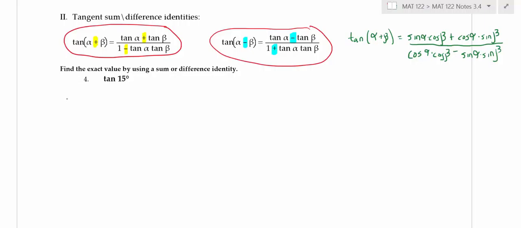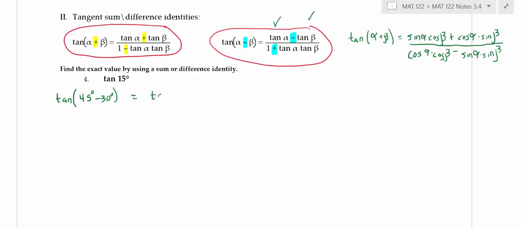All right, so number 4, what I'm going to do is start by writing the tangent of 15. Let's write this as 45 degrees minus 30 degrees. There's other ways to do that, obviously, but let's start that way. So when we're doing the tangent difference identity, it says to do the tangent of the first minus the tangent of the second.